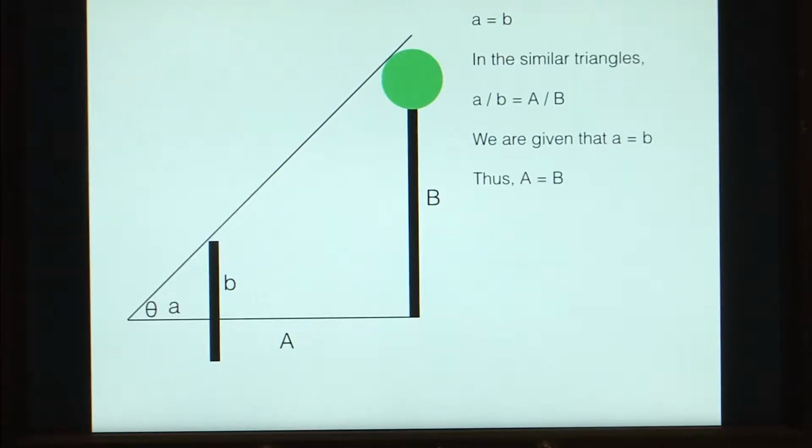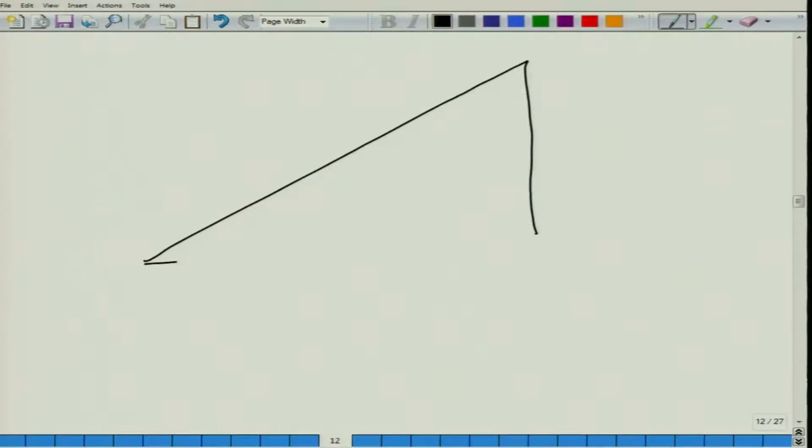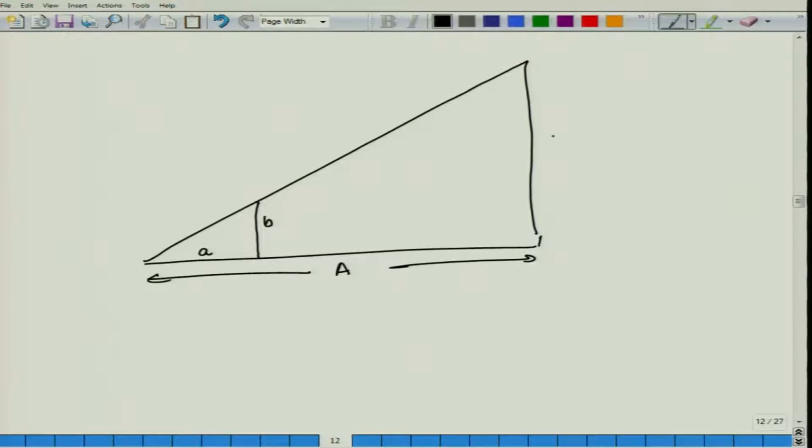So, then we will have two similar triangles, and in these two similar triangles we will have small a by small b is equal to capital A by capital B, because in these two triangles we have small a and small b, and we have capital A and capital B. So, in these two triangles we have small a by small b is equal to capital A by capital B is equal to some constant k.